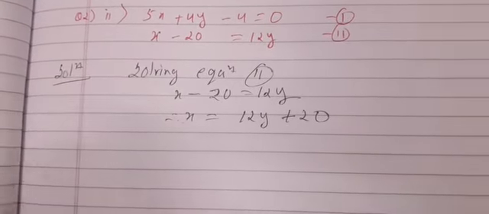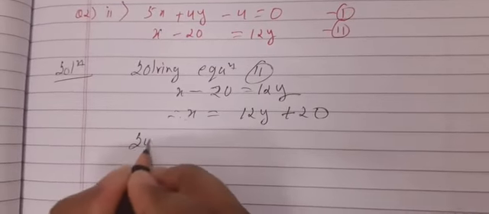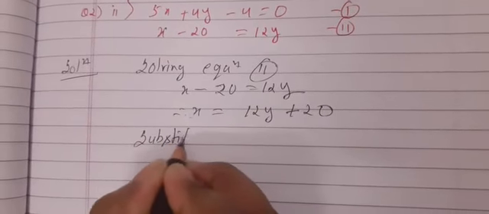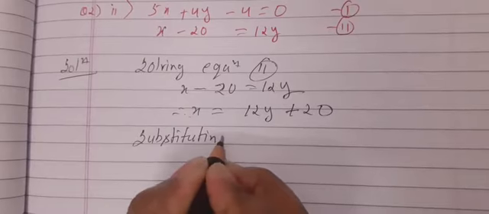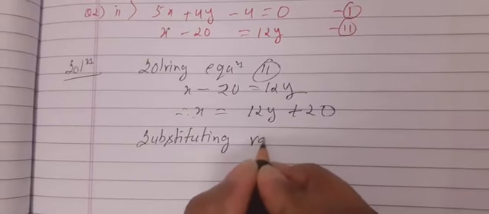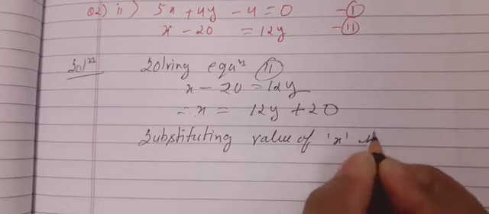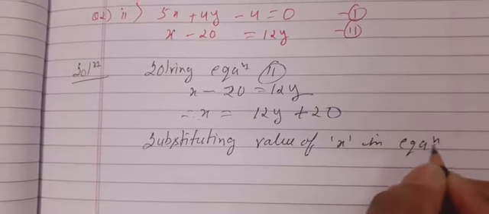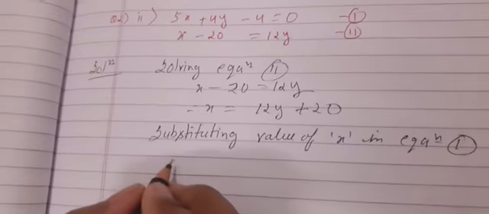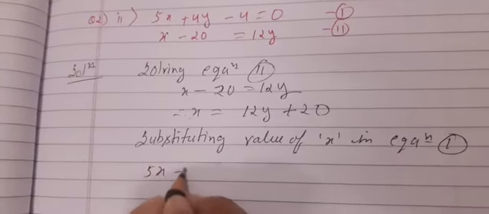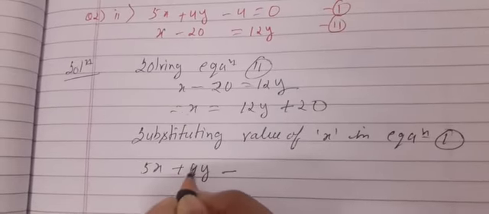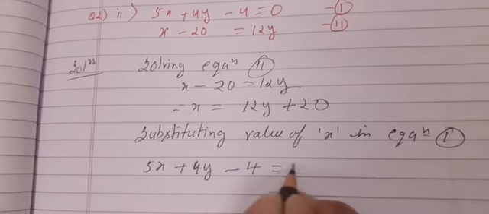Fine children. So substituting the value of x in equation 1, then what will happen? Let's see. First of all, we will copy the equation: 5x plus 4y minus 4 is equal to 0.